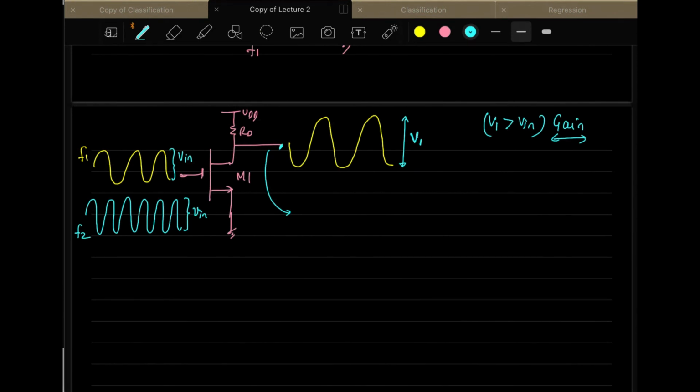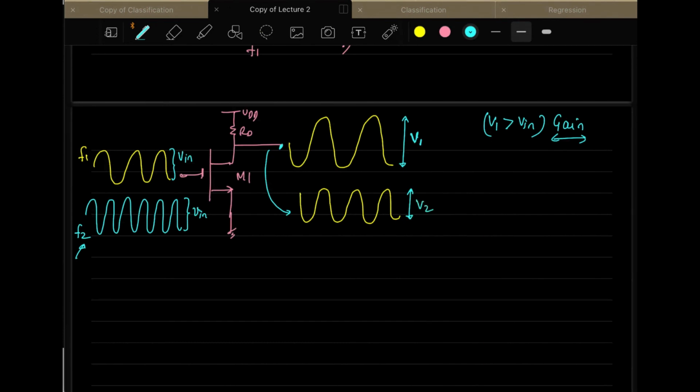But when you increase the frequency to f2, the output of the MOSFET is something like this, a little smaller, with amplitude V2.